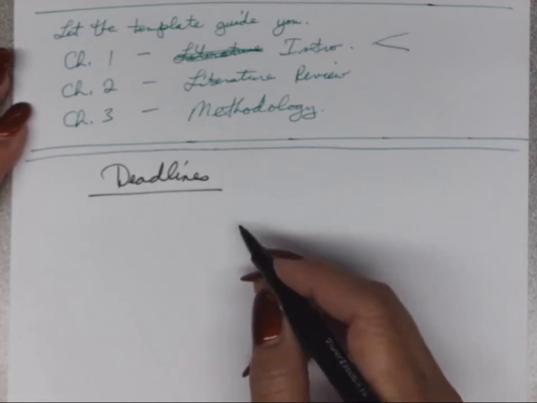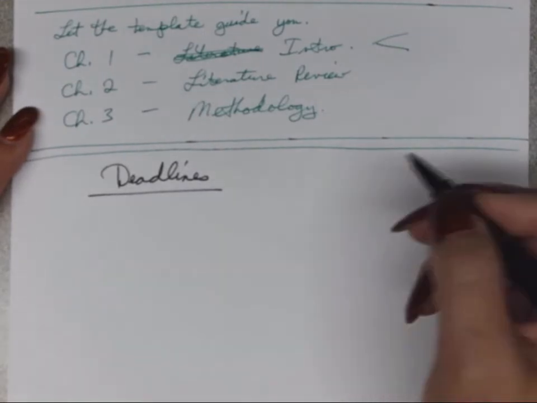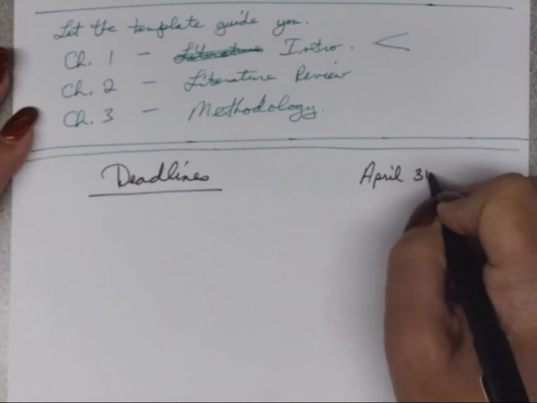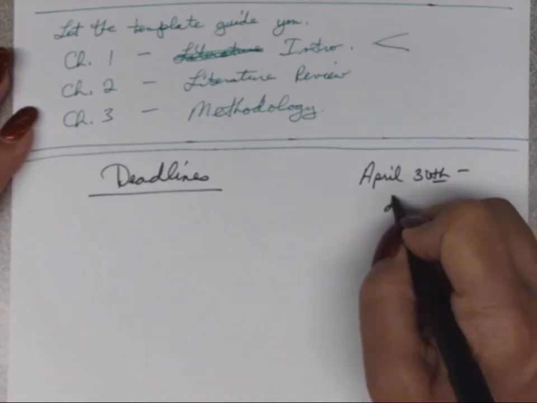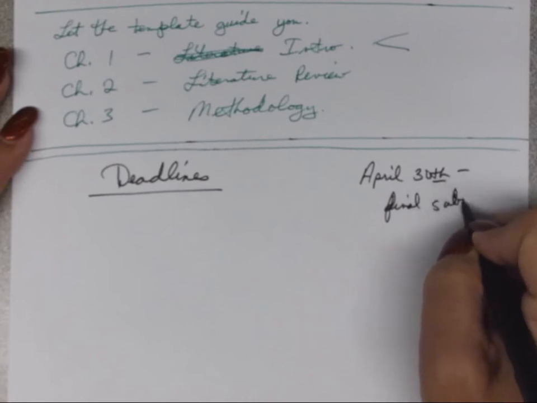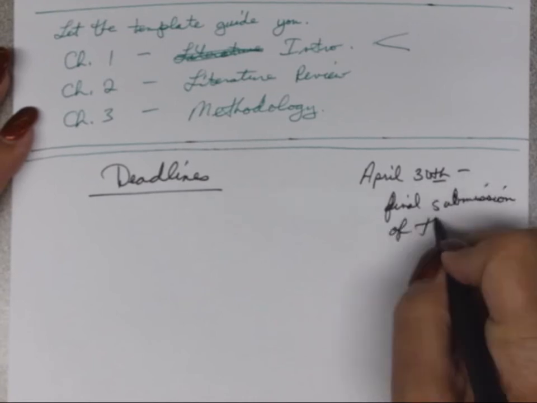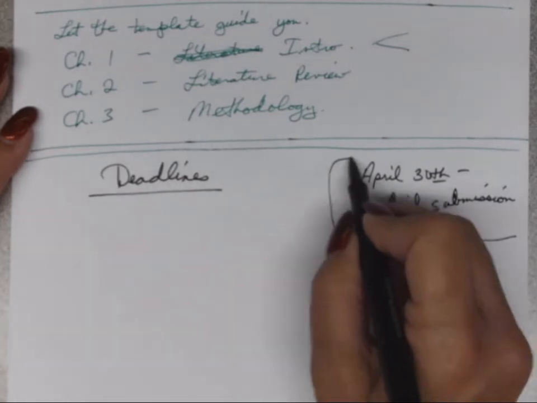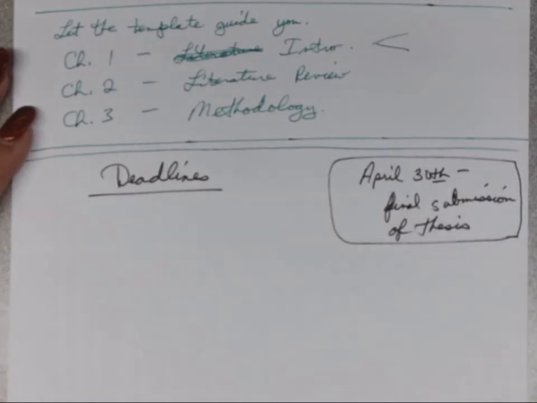For instance, say that, and I'm just making this up, say that April 30th is final submission of your paper, your thesis, okay? And I'm just making that date up. It changes every year, so who knows what it is.